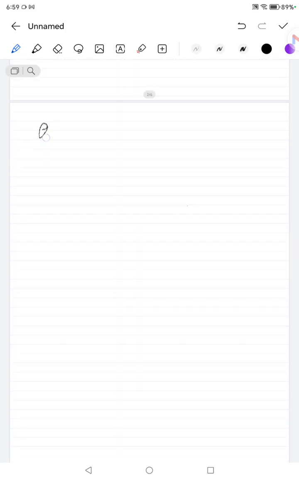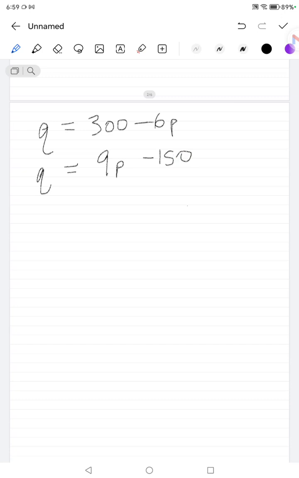The first one says q is equal to 300 minus 6p. The second one says q is equal to 9p minus 150. Remember I said I can see whether it's your demand or your supply with regard to your p.